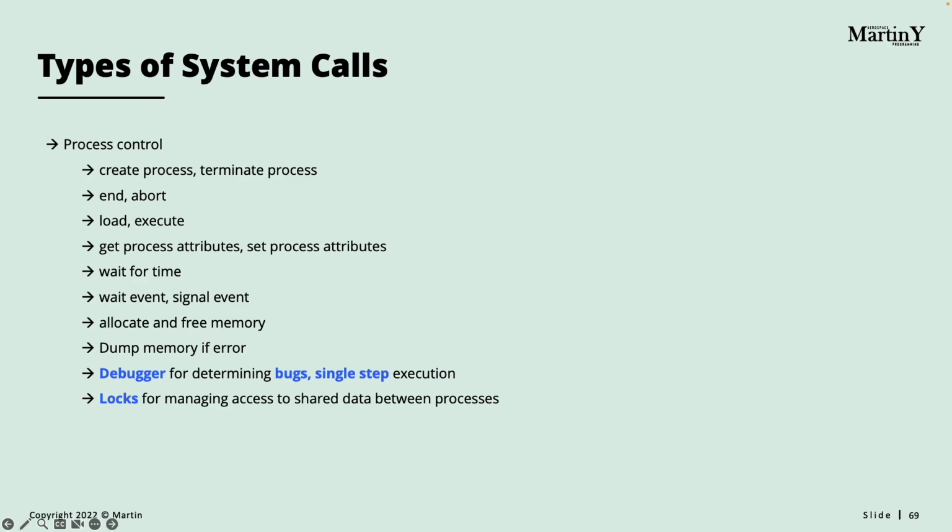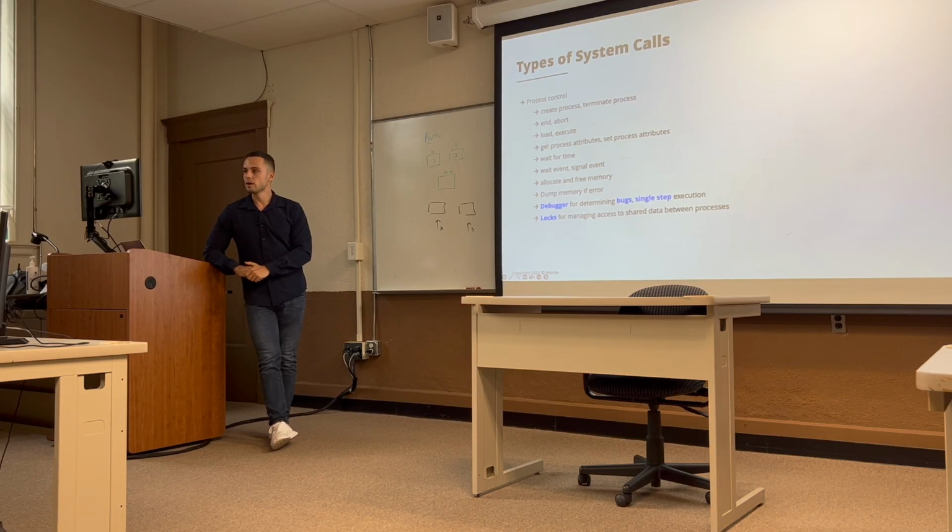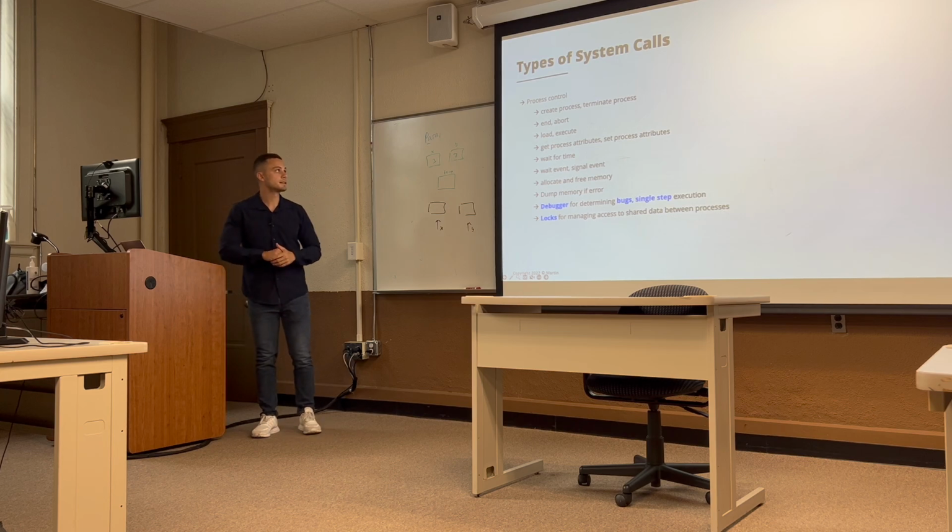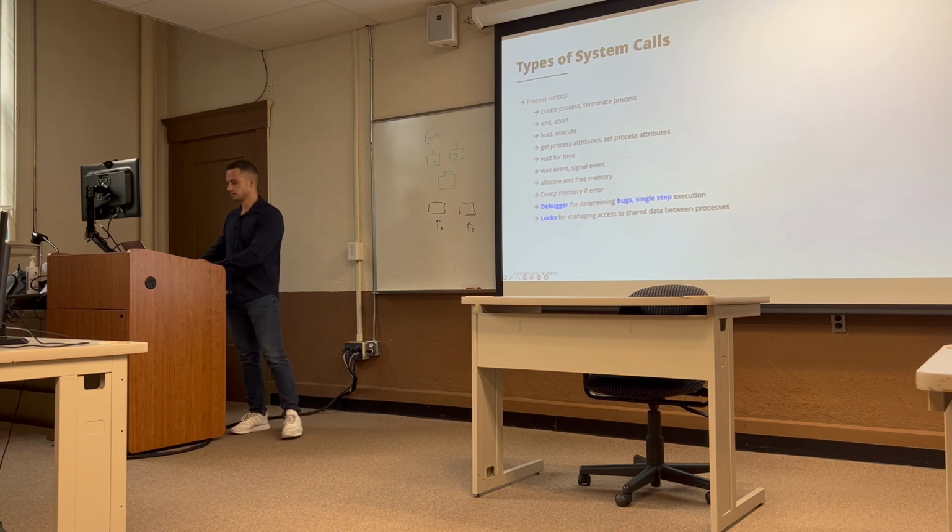We can wait some time. Also, we can wait for some event to happen. Let's say you run a program and then you wait until you get some certain parameters. Once you get them, then you can execute the next program, and so on. You can see that we can also dump memory and so on. So this is in terms of process control.